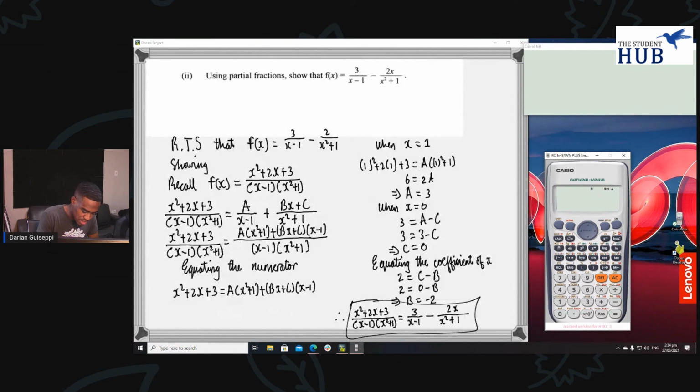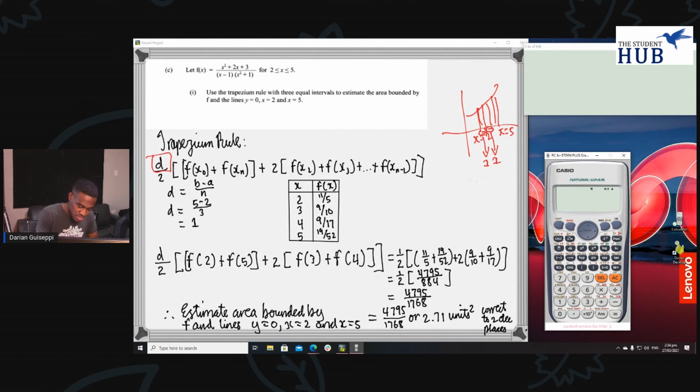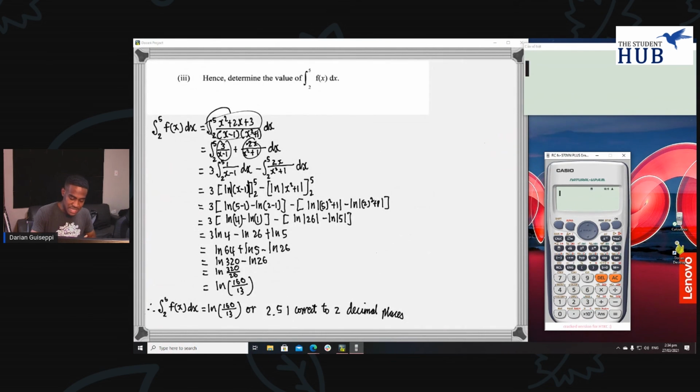Let me just go back. The answer we got was this. Watch it. 2.71. Remember, we said that the trapezium rule is an estimate of the area under the curve. When we did it using the integration, it's the same interval. We get 2.51. So you see, it's an estimate really close.